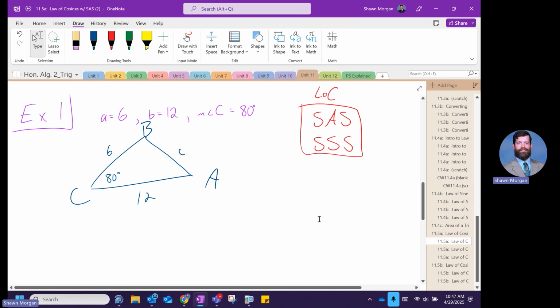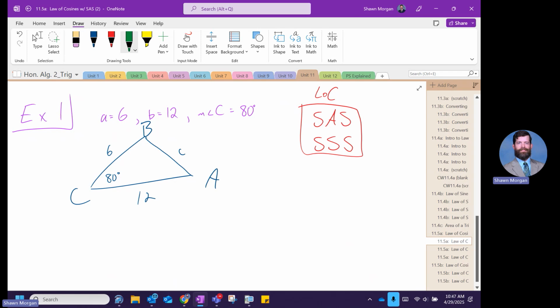The fractions are the law of sines because it's got sine in it. And this stuff on the TV right here is the law of cosines. I like the law of cosines a lot better. I feel like the law of cosines is way easier in my mind than the law of sines.